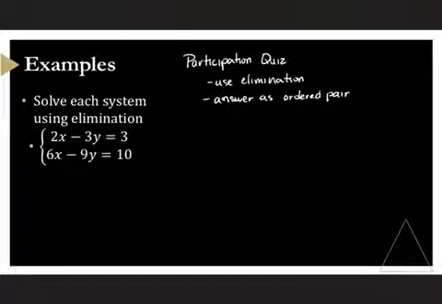Your answer should always be x comma y. Never two separate answers and then circle one. It's always an ordered pair. And make sure you're being careful to do that because we are looking at graphs and we want things to make sense in terms of graphing so that we get to the right place.